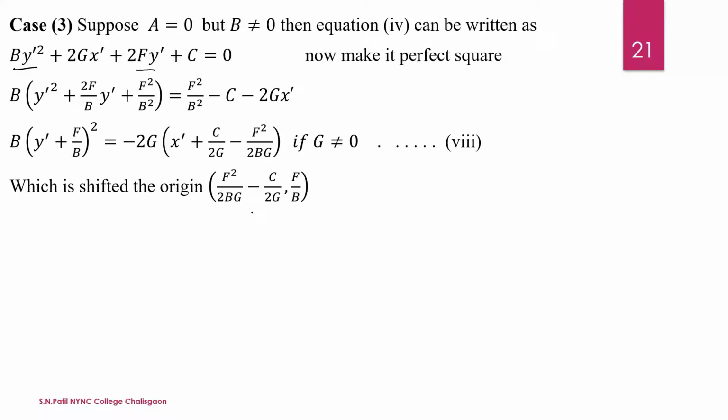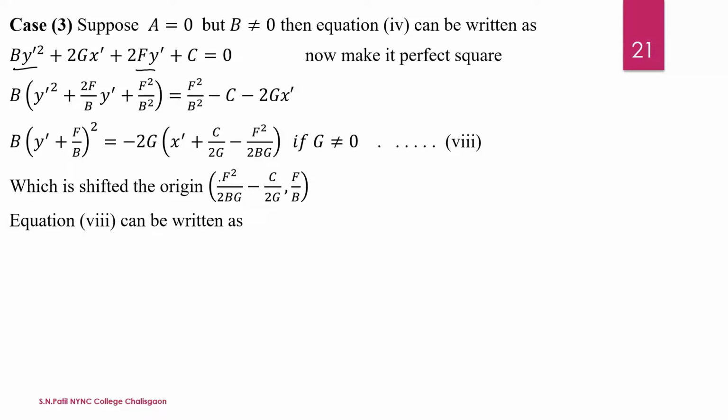So what does it represent? It represents the parabola. So first we write the simplified form as we wrote in the previous case number 2. We write this as capital Y, and we write this term as capital X.